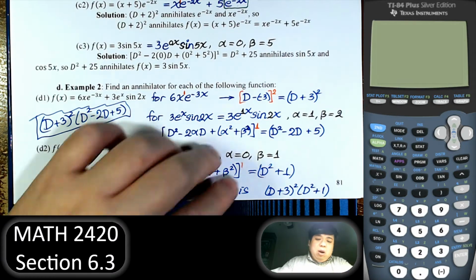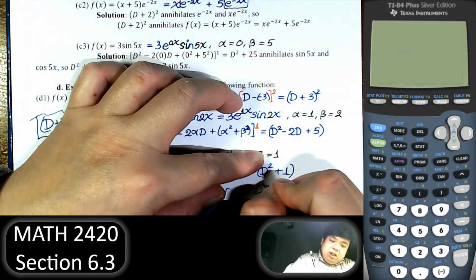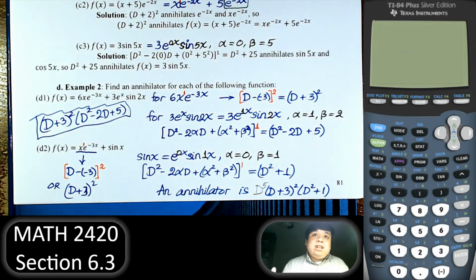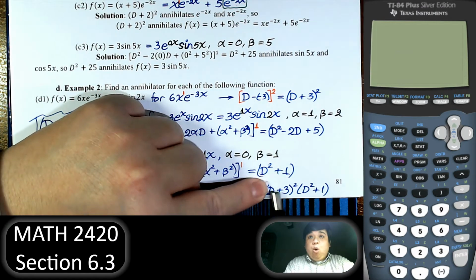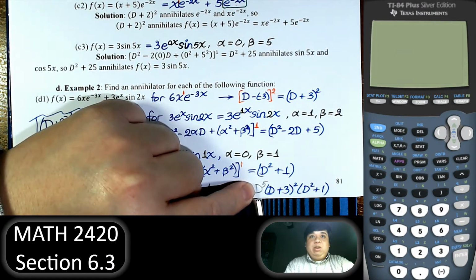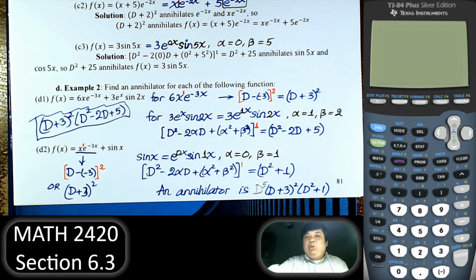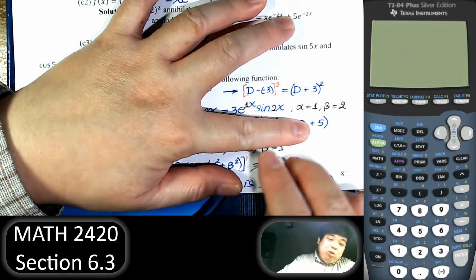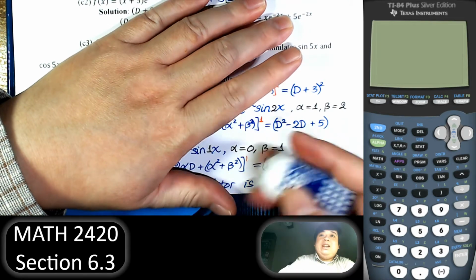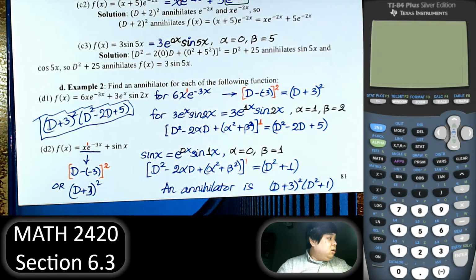Notice that if I want to, I can just multiply by d to the 5th here. That does not affect the annihilator. It still annihilates the function, because after we take the derivative 5 times, the derivative of 0 is still 0. So that's why we can multiply anything to it. It doesn't affect the values.